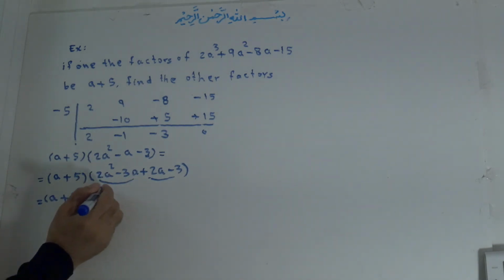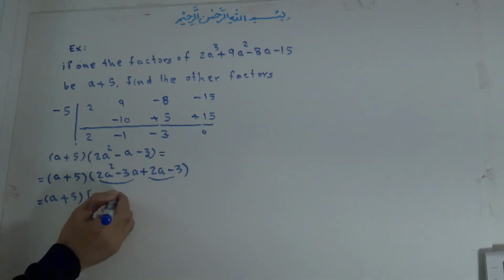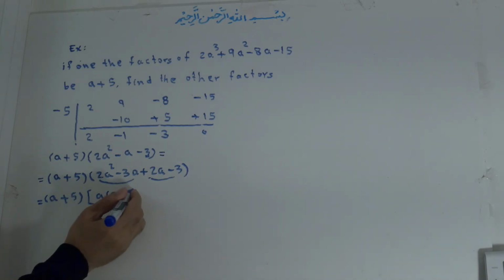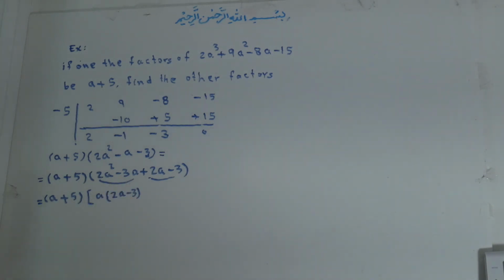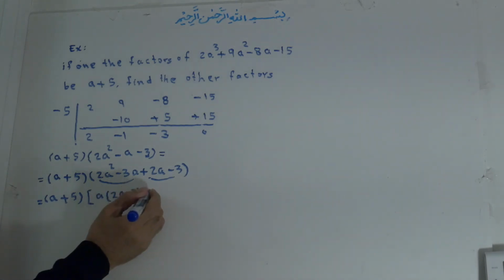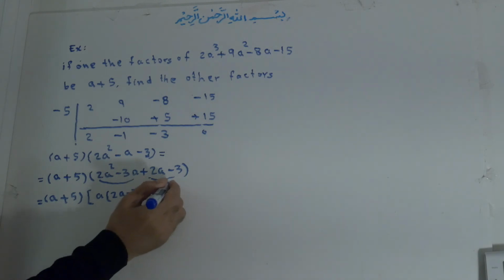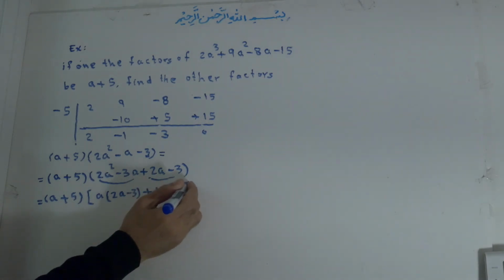We can write 2a to the power of 2 minus 1, a minus 3, and here the only thing common is 1. 1 times 2a, 2a, and 1 times minus 3 is minus 3.